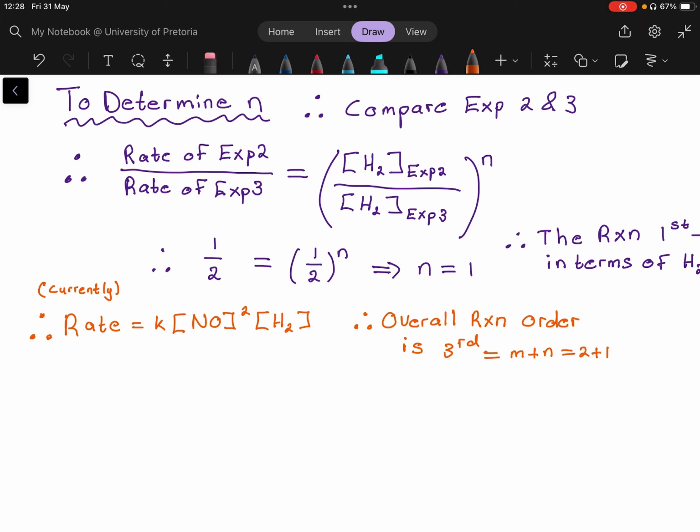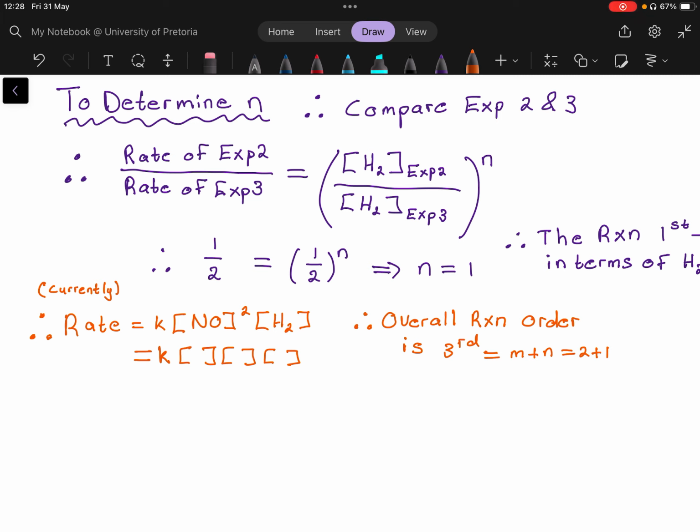The overall reaction is third order, which means essentially you have dependence on 3 concentration terms. Third order basically just means it is concentration, concentration, concentration. The rate depends on at least 3 concentration terms.